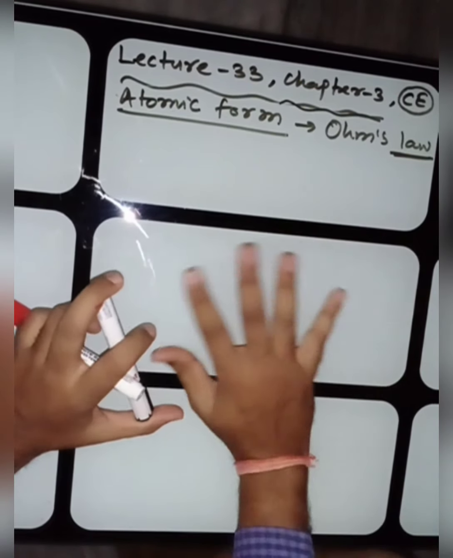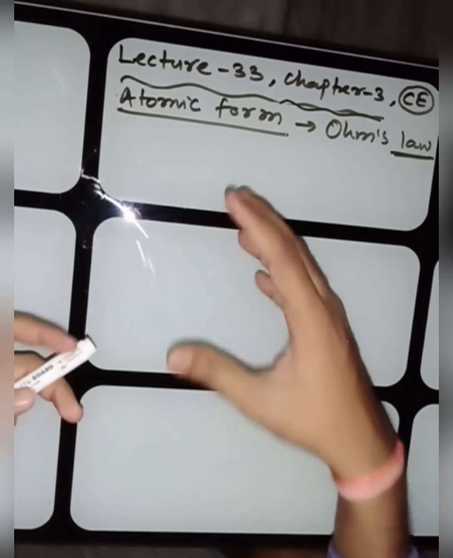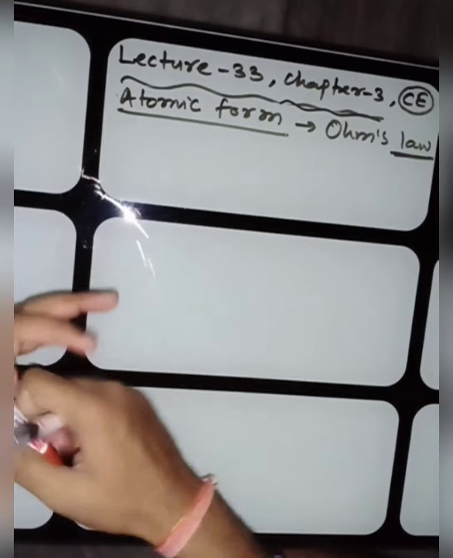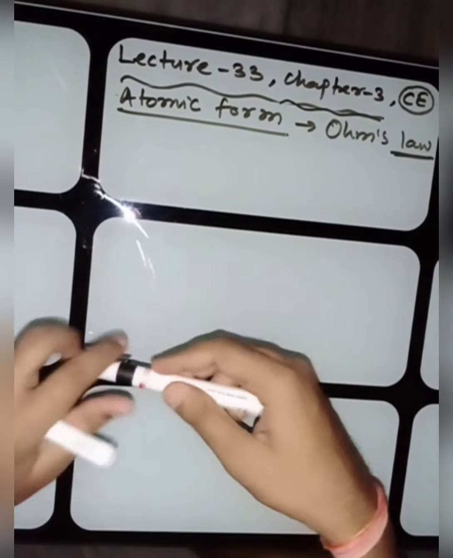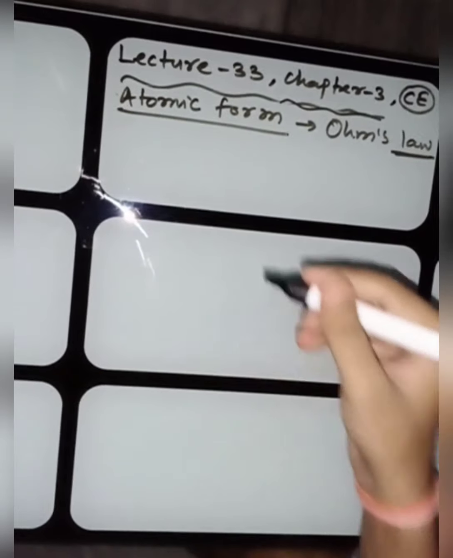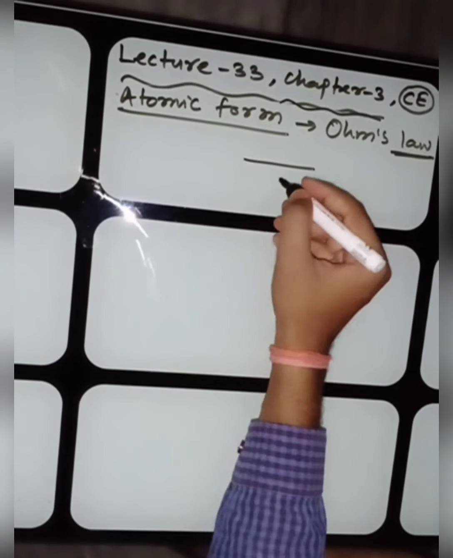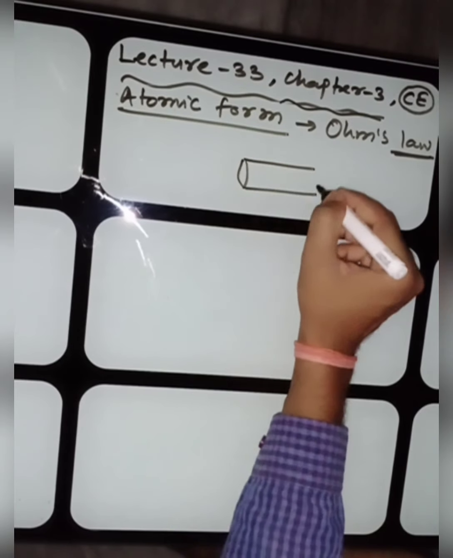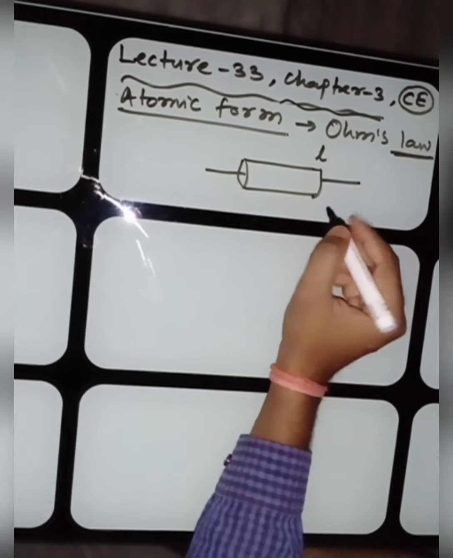The question did not directly mention the atomic form, but asked to derive the equation of Ohm's law using resistivity and conductivity. So we are proceeding with that derivation. Suppose this is a conductor sample. Suppose its length is L.